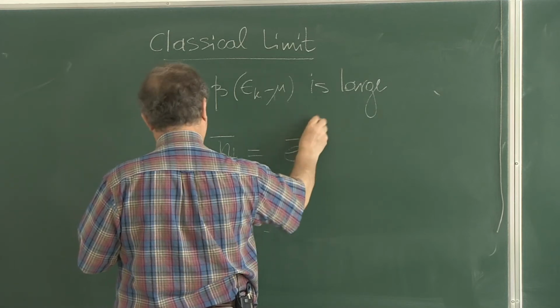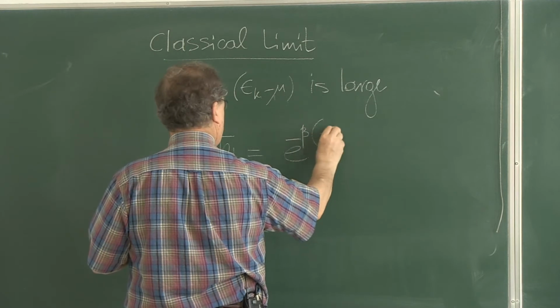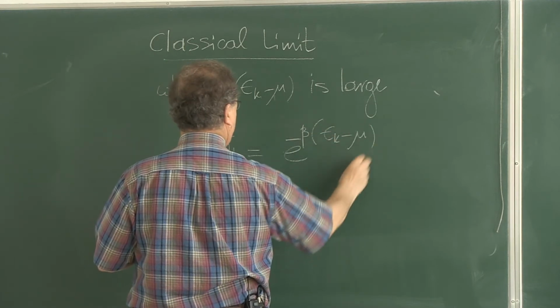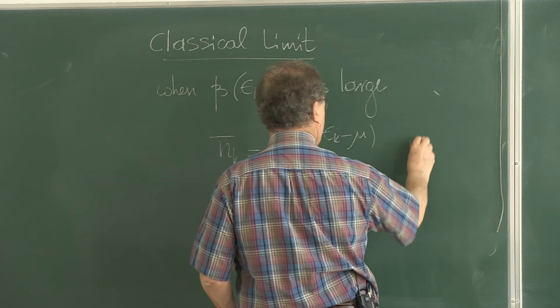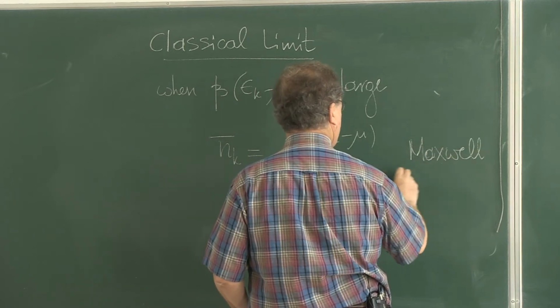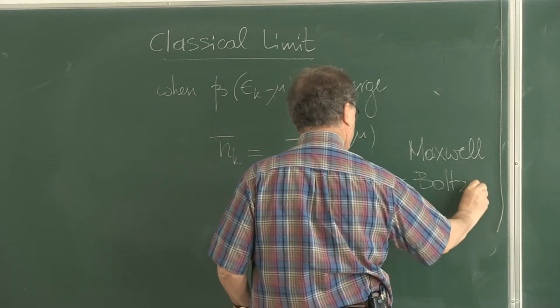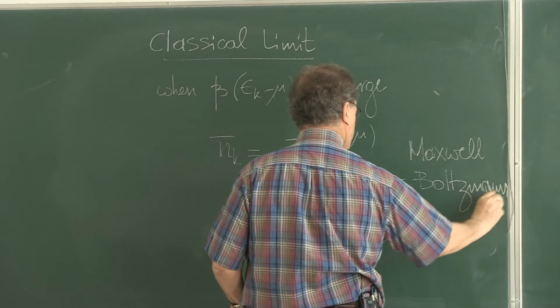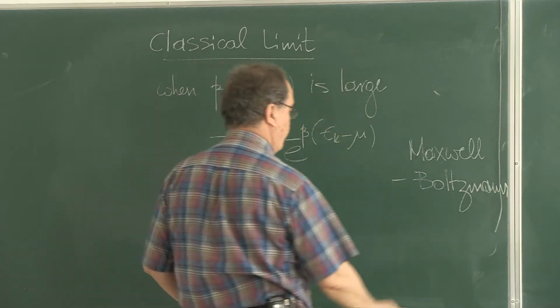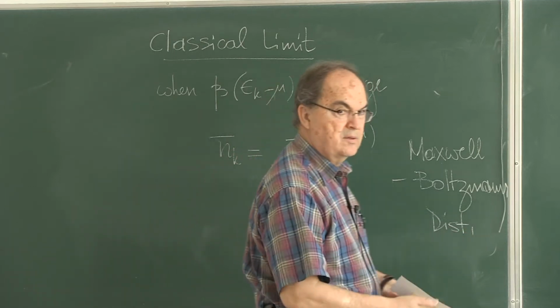You have the following thing, e to the minus beta (ek minus mu). This is Maxwell-Boltzmann distribution for classical particles. Okay?